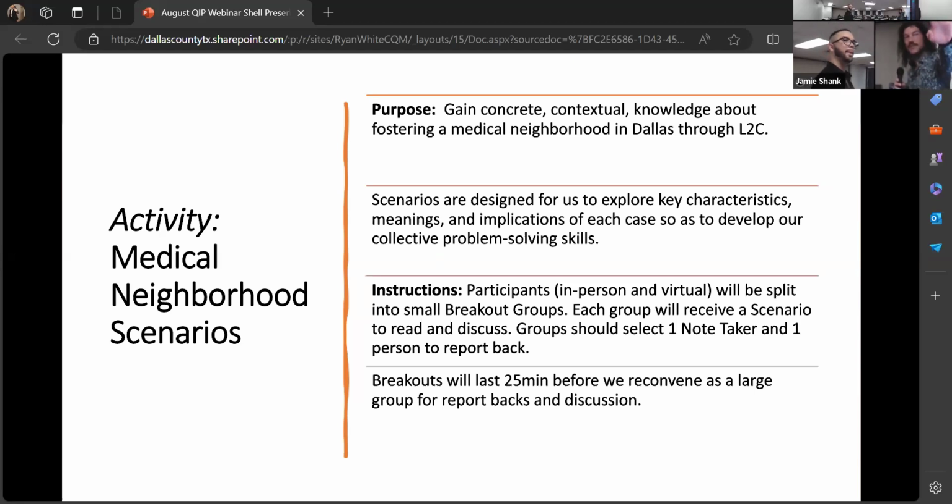The purpose is for us to gain concrete knowledge about the dynamics and to understand that there are some things that we do very well and some things that we are pretty challenged with. The scenarios are designed to help us explore characteristics, meanings, and implications that will help drive our problem solving around creating a stronger medical neighborhood.